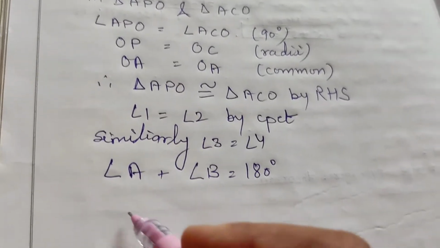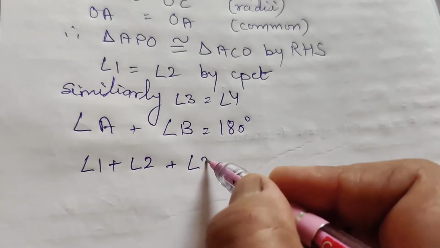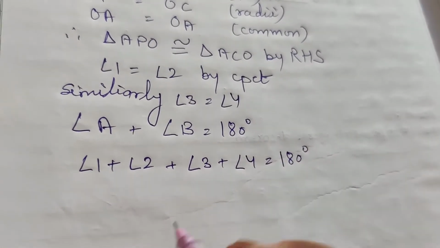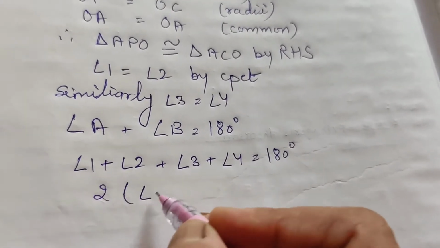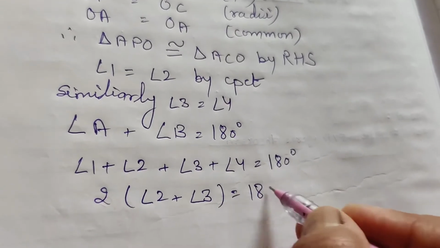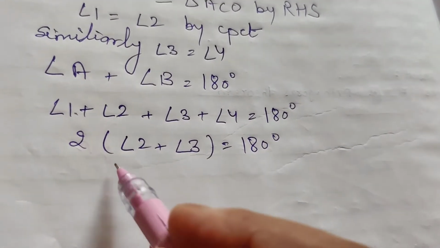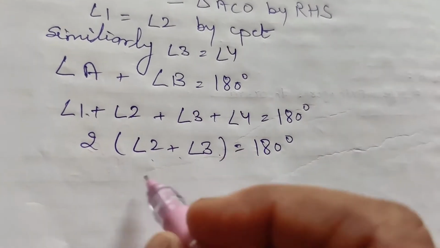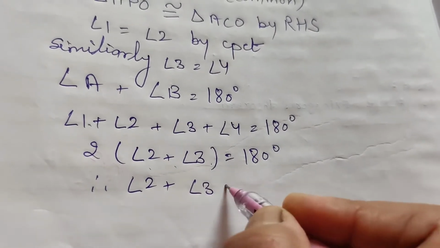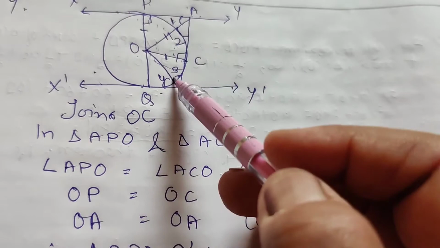Angle A is angle 1 plus angle 2, and angle B is angle 3 plus angle 4, equal to 180 degrees. Since angle 1 equals 2 and 3 equals 4, 2 times angle 2 plus 2 times angle 3 equals 180 degrees. So angle 2 plus angle 3 equals 90 degrees.